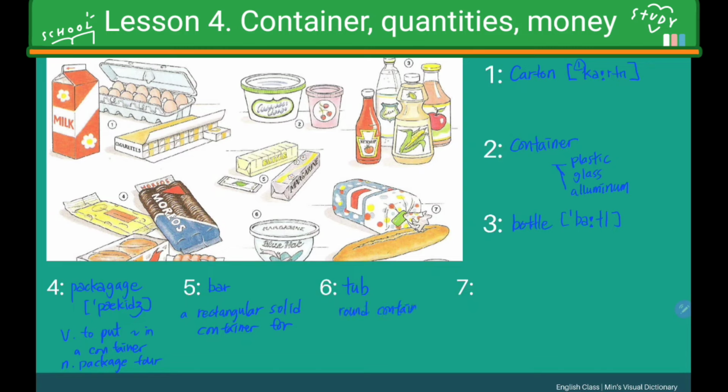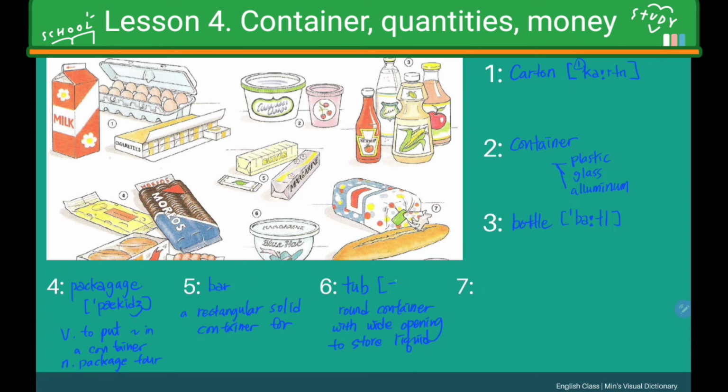So in the picture we have a tub of margarine, and the pronunciation for this one is T and the vowel is just like in sun. So it's tub, as in bathtub or a hot tub.